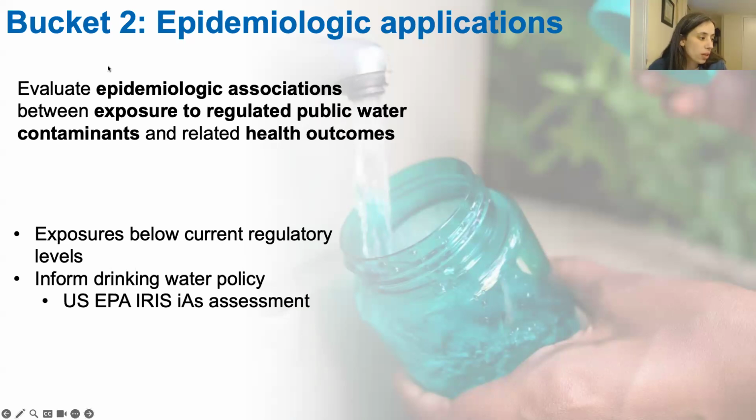And so one of those gaps that I'm going to show you for arsenic was around diabetes, type 2 diabetes, and another gap was about reproductive and birth outcomes. So I'll show you just an example, two different papers we've done to address those two specific needs.